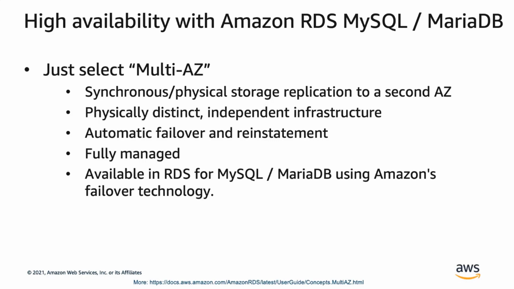And you're going to have two completely independent infrastructures in different physical data centers for failover. As we discussed, they are physically separated with independent power, cooling, and physical security, etc. As they are in different availability zones, if we lose an entire data center, Amazon RDS can handle that failover automatically for you. This allows us to offer a 99.95% uptime SLA.